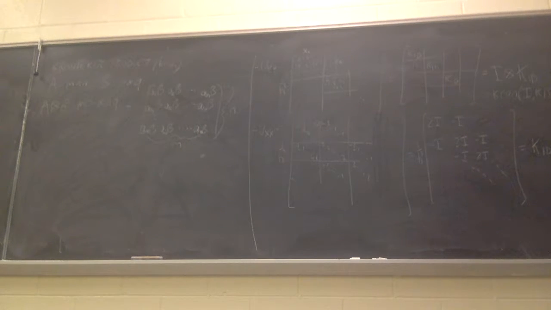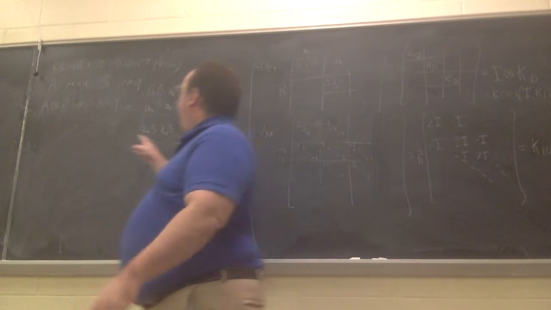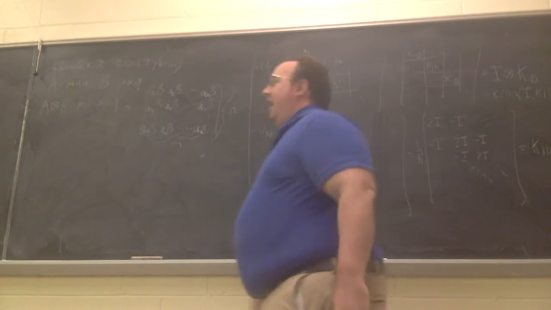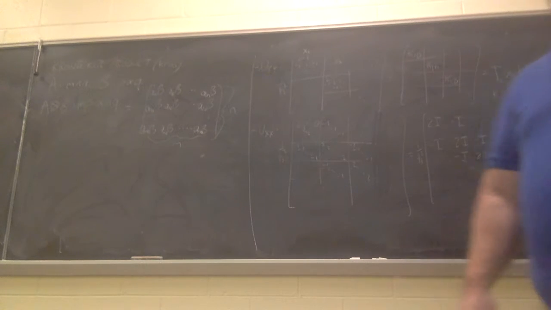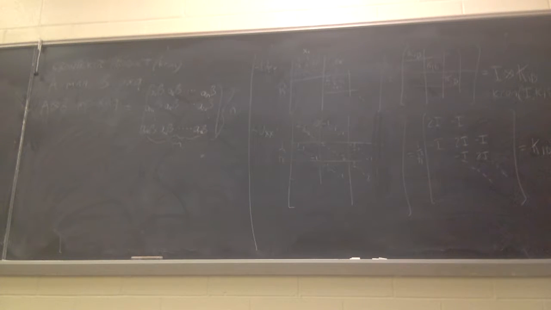And where does A come in? Yeah, all of these are entries of A. And each entry is multiplying the whole of B. That's why it's such a large matrix.